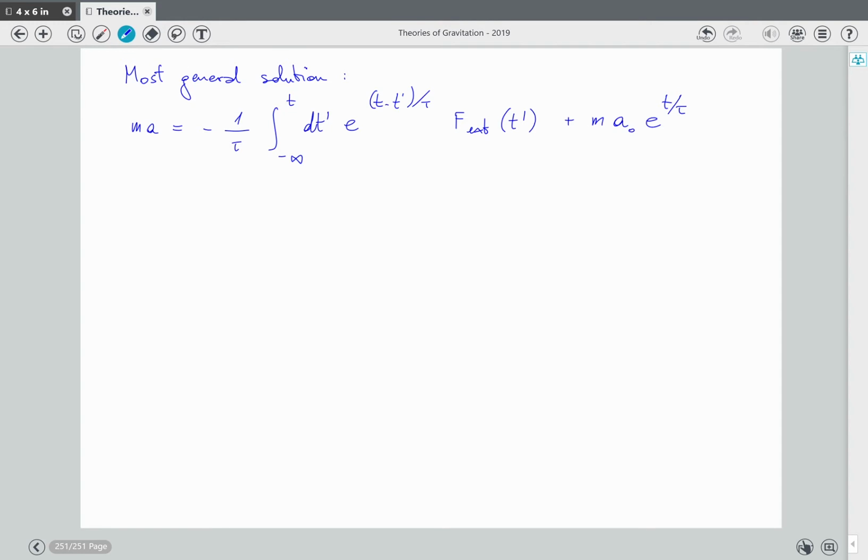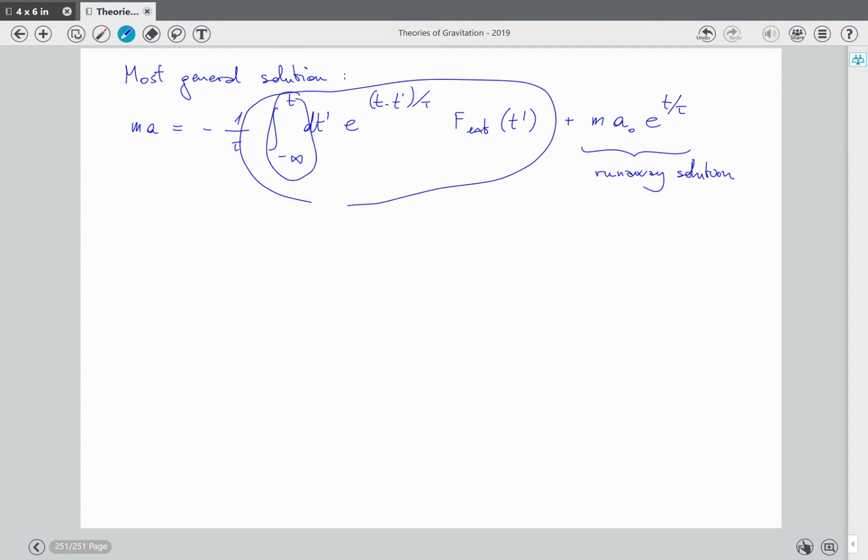Why did I write it in this way? Here you could put the constant you want instead of minus infinity, but I put minus infinity to show that this equation has an equivalent form here, which is the runaway solution plus something here that you see is a kind of average of the force, but it involves only the past, because the integral is from minus infinity to t, so there is no violation of causality here.